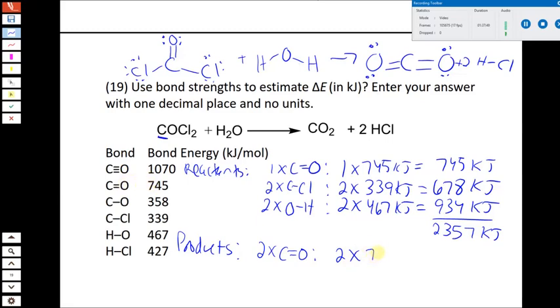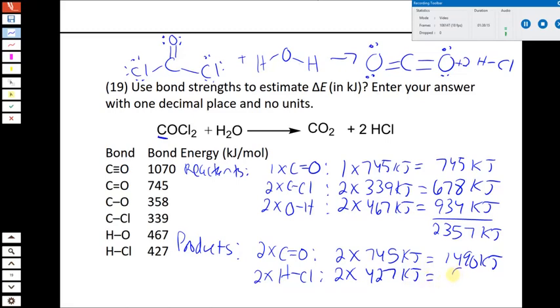So we don't end up using either of the other 2 CO bond energies. In both cases, they're double bonds. And then we also have 2 HCl's. Each of those has 1 bond, so we have to double the HCl bond energy, which is 427, so 2 times 427 for the HCl bonds. And that's 854.